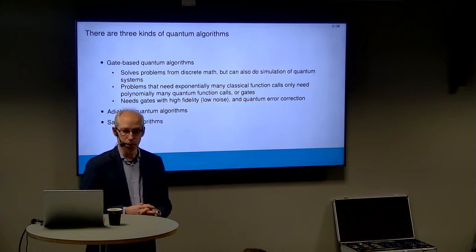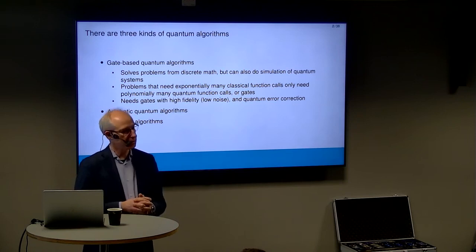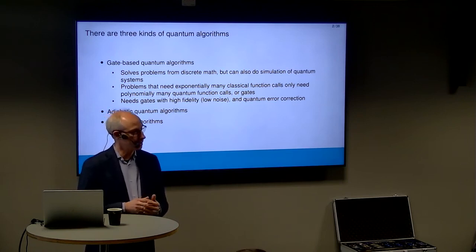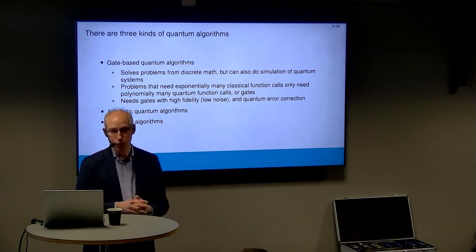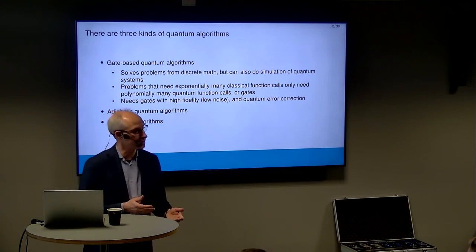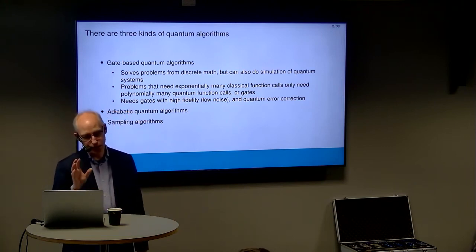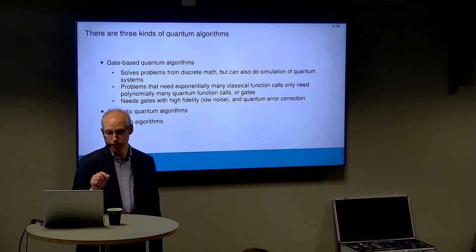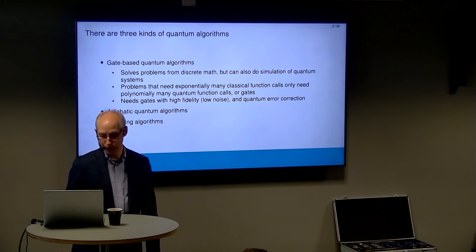One example is in Chalmers, where the WACQT project, the Wallenberg Centre for Quantum Technology, are building a quantum computer, and they're doing their best to reduce noise in that machine. You also need quantum error correction, a particular kind of error correction that applies to these kinds of machines. What I'll do today is try to explain to you how these gate-based quantum algorithms work and what they do. So I won't talk so much about the other kinds here.